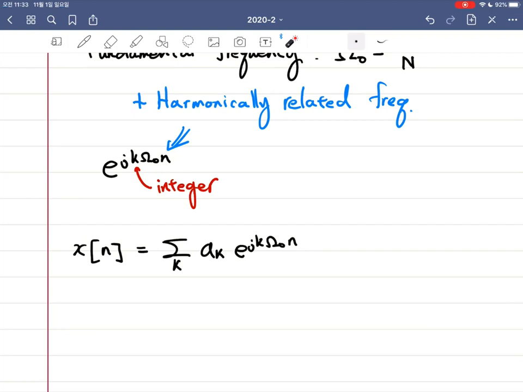This summation is a function of k, and if you resolve this summation, then it becomes a function of n, right?